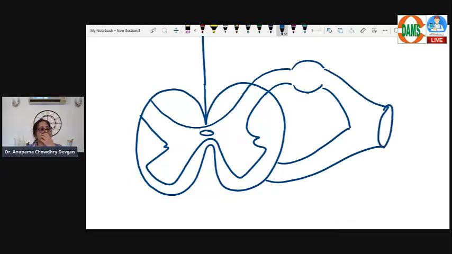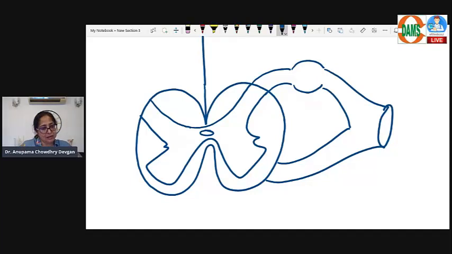Okay? And what is graphesthesia? Everyone is telling you. Supposing you take somebody's forearm and ask him to close his eyes, and you write something here with your fingertip, maybe a letter A, or whatever, and ask him what has been written. If he tells you what is written, that is called graphesthesia. Graphesthesia is possible if localization is intact.